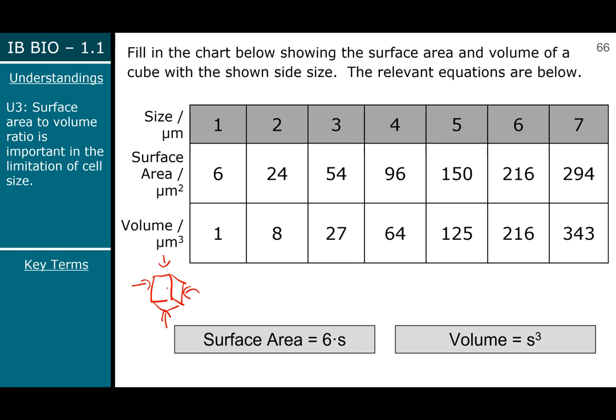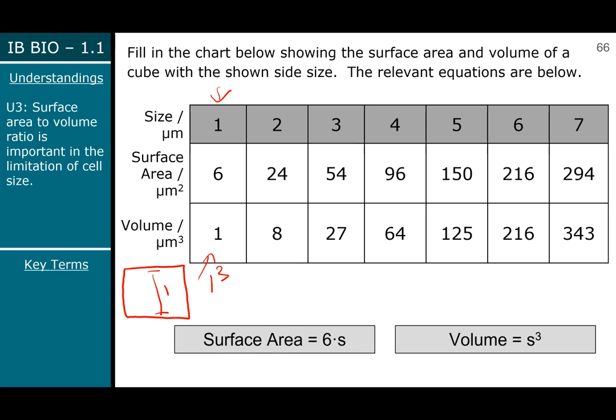So if each side is 1, surface area is going to be 6. So for our first one, our surface area is going to be 6, and then our volume is going to be 1 cubed, which is 1.